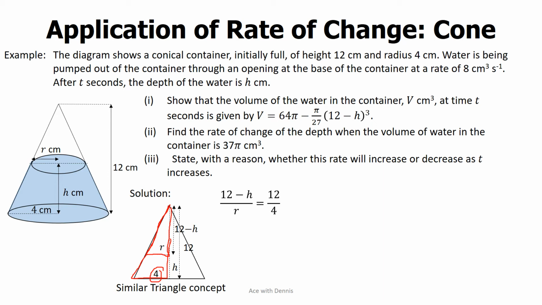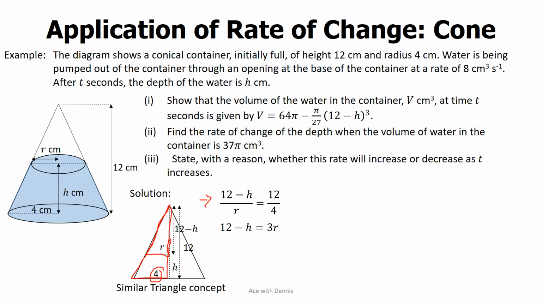These two triangles are similar, so the ratio of their height to radius is equal. The height to radius of the smaller triangle is 12 minus h over R, and of the big triangle is 12 over 4, and both are equal. Hence, we get this equation: 12 minus h over R equals 12 over 4.